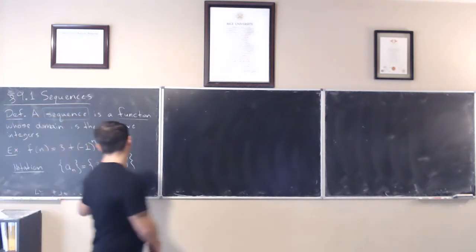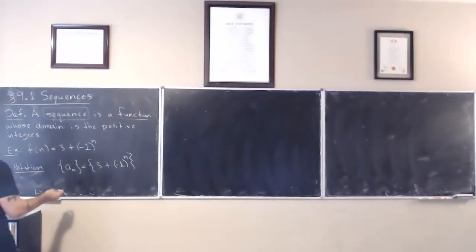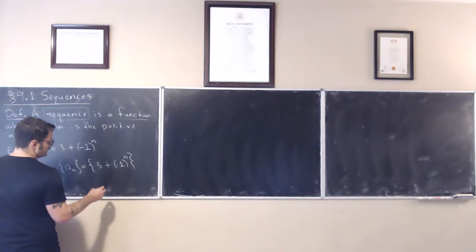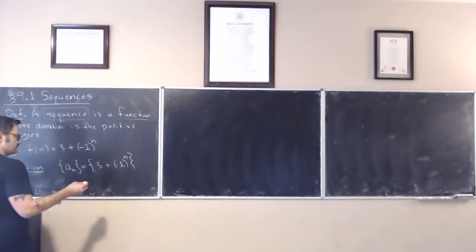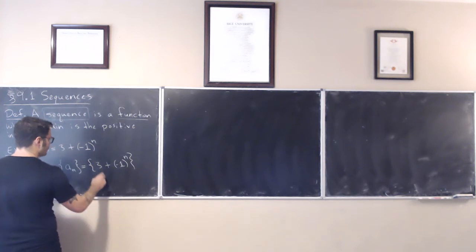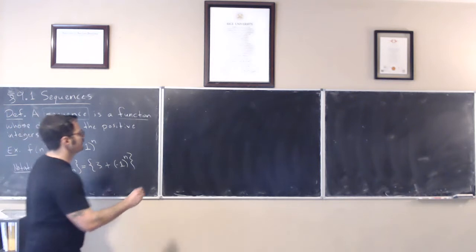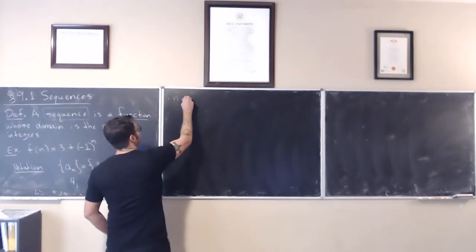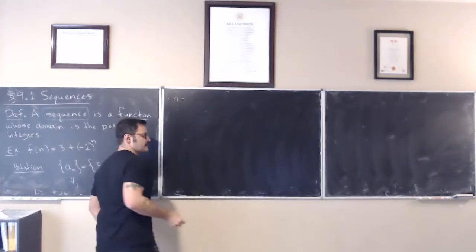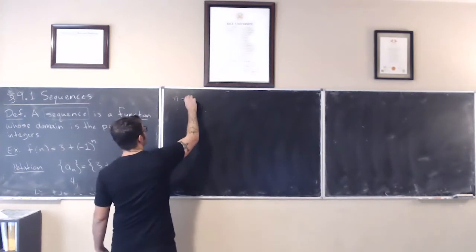For each positive integer n, you're going to have a term in the sequence. So what would this look like? When n is, say, 0, then negative 1 to the power of 0 is just 1, so 3 plus 1 is 4. Well, actually, I'll just write it out. You can start n at 0 or 1. It just depends on how the sequence is defined. I'm going to start mine at 0.